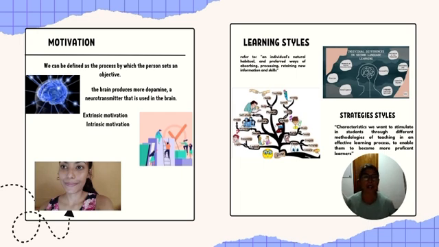Thus, we find different types of learning styles, among them cognitive styles: field dependent, field independent, analytic, global, reflective, impulsive; sensory styles: perceptual, visual, auditory, tactile, kinesthetic; environmental, physical, sociological, and personality styles: tolerance of ambiguity, right and left hemisphere dominance, left brain and right brain.